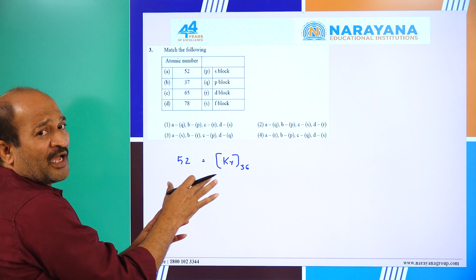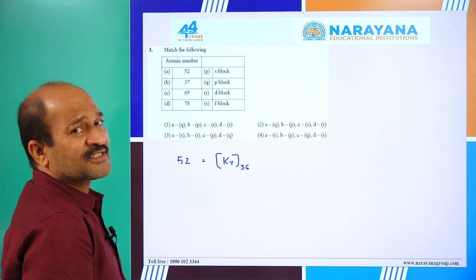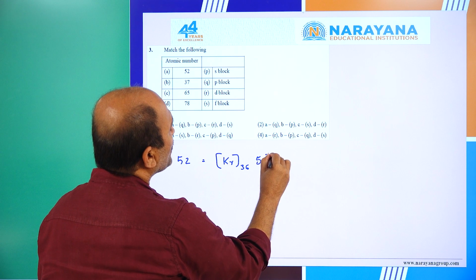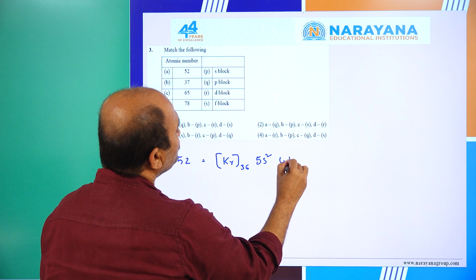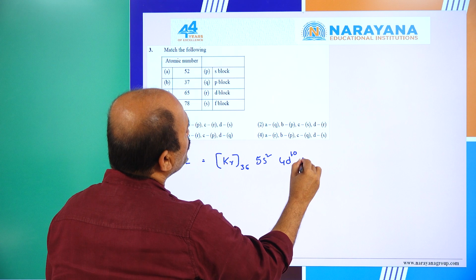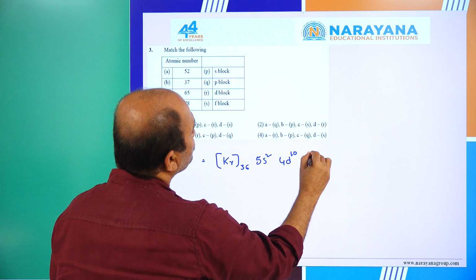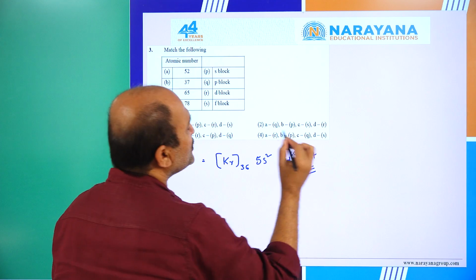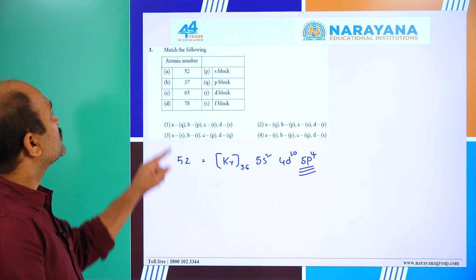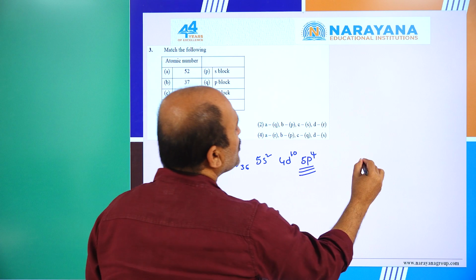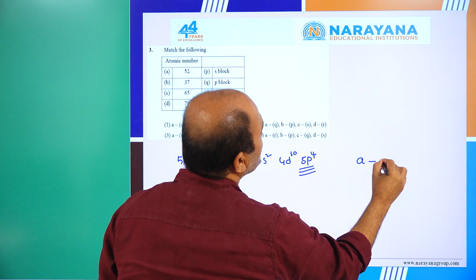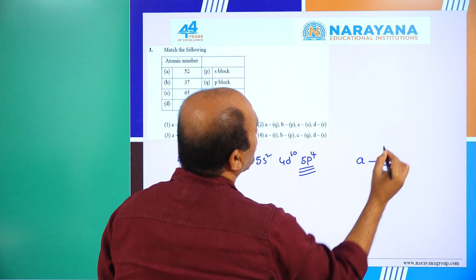After 36 how many electrons are left? 16 electrons. So it goes to 5s2, 4d10 and 5p4. Based on the final electron, it enters the p sublevel. So element A belongs to p block, and A is answered with Q, right?